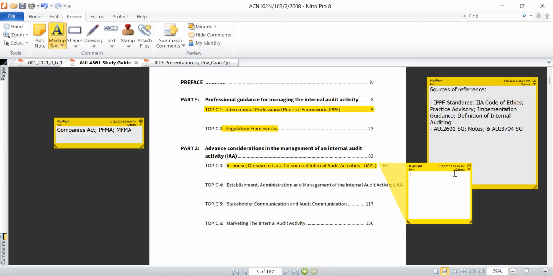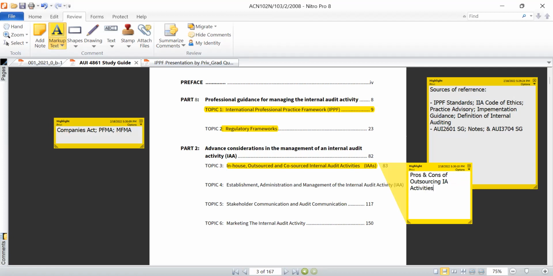Then topic number 3 deals with the in-house, outsourced, and post-sourced internal audit activities. Now, one of the key things that they would possibly test you on is the benefits. Or rather, let me put it this way: the pros and cons of outsourcing internal audit activities.